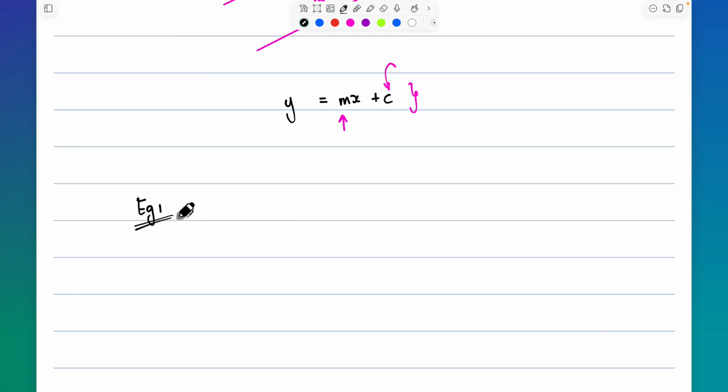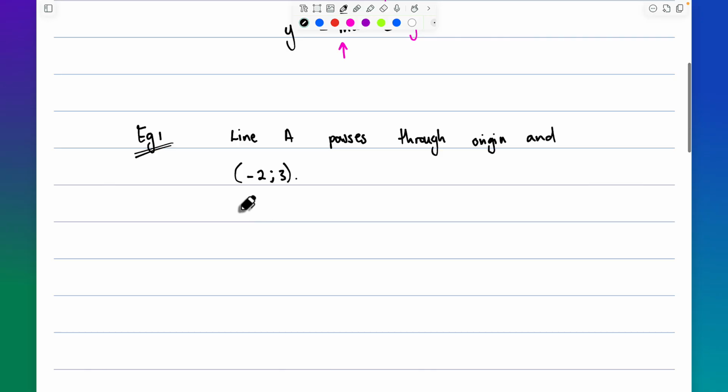Example 1, we're going to go through a couple of questions actually. So I tell you that we have a line, let me say line A, that passes through the origin and a second point, which is -2 and 3.